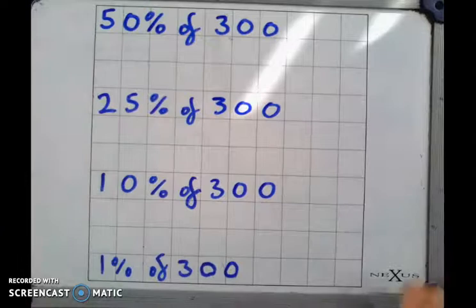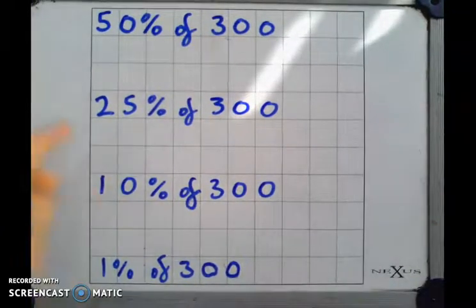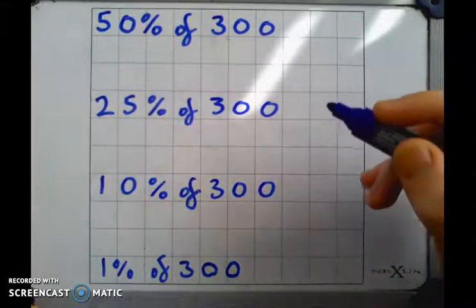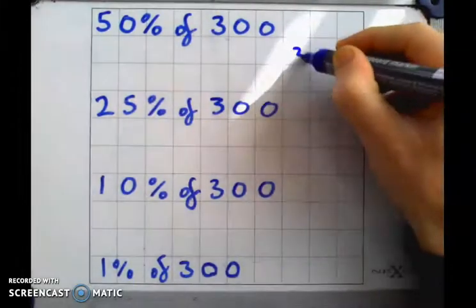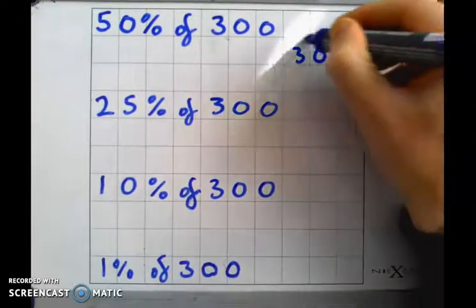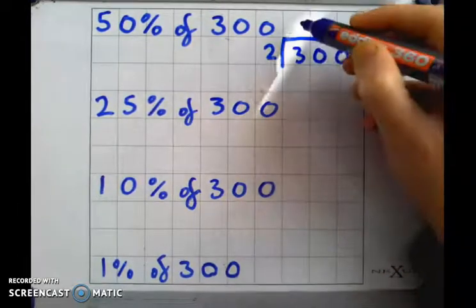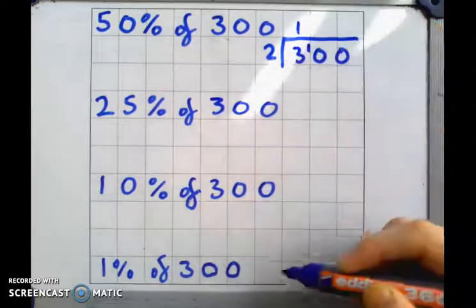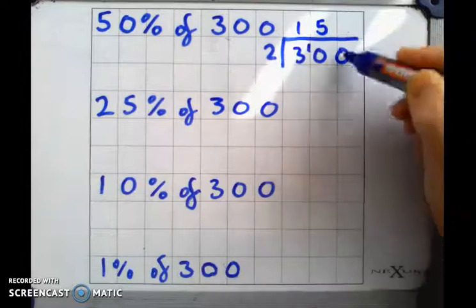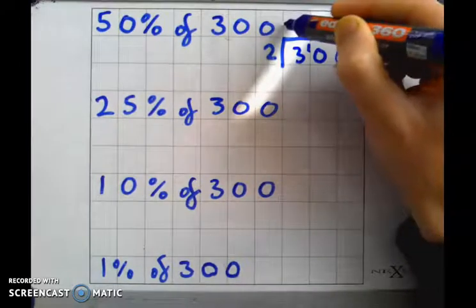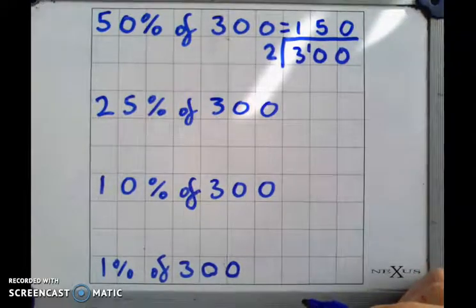So 50% of 300, well, finding 50% of a number is the same as dividing that number by, that's right, 2. 300 divided by 2. 2's into 3 once, with 1 left over. 2's into 10, 5 times. 2's into 0, 0. 50% of 300 is 150.